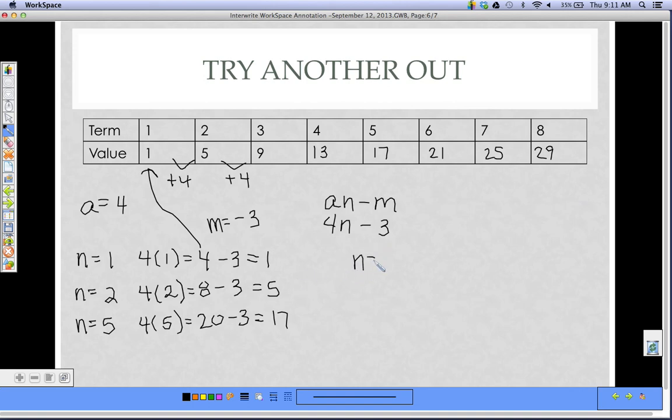So let's say n equals 6. So 4 times 6 minus 3 gives us 24 minus 3, which is 21. Good so far. And let's check n equals 4. So 4 times 4 minus 3. So 16 minus 3, which gives us 13.